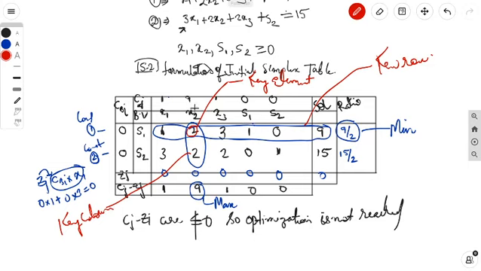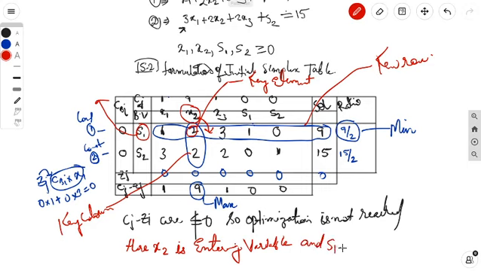Here x2 becomes the entering variable and S1 becomes the leaving variable. X2 is the entering variable and S1 is the leaving variable.